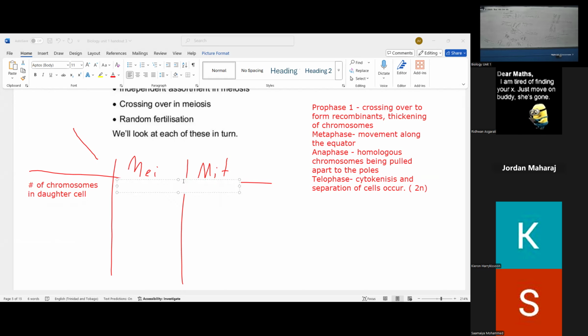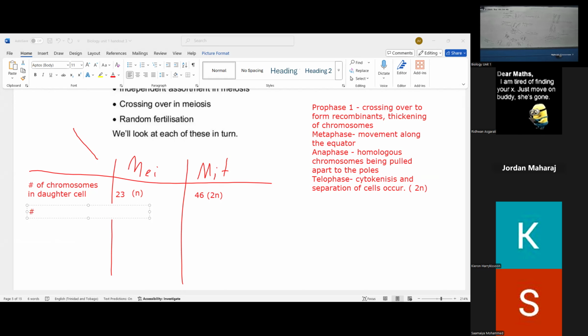So what's the number of chromosomes produced in meiosis? 23. And in mitosis, it'd be 46 in humans, especially talking about humans here specifically. If you want, you can put 2n and n.